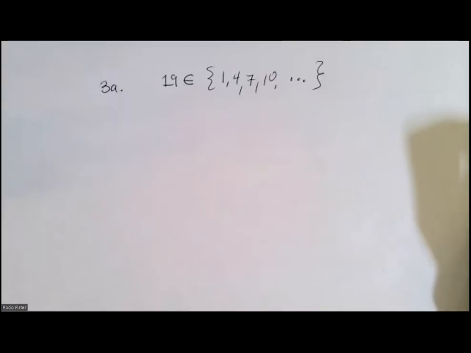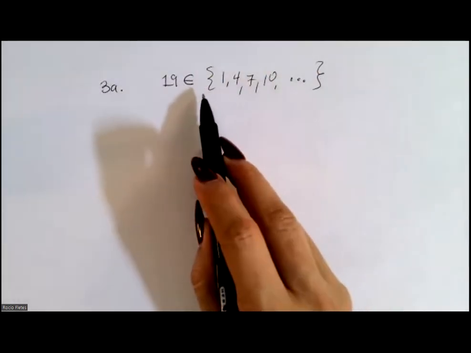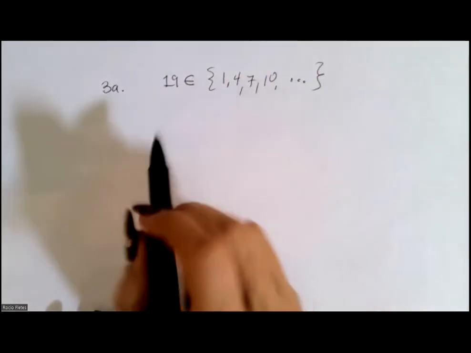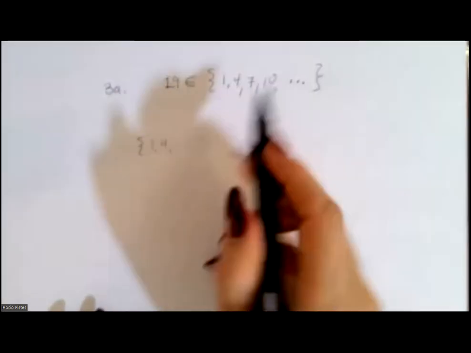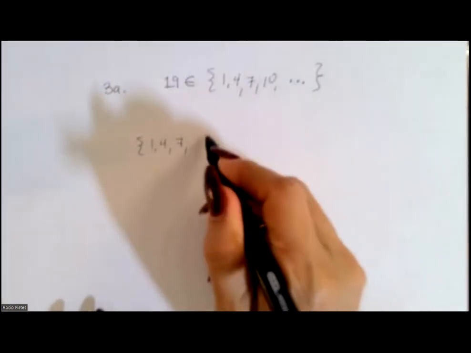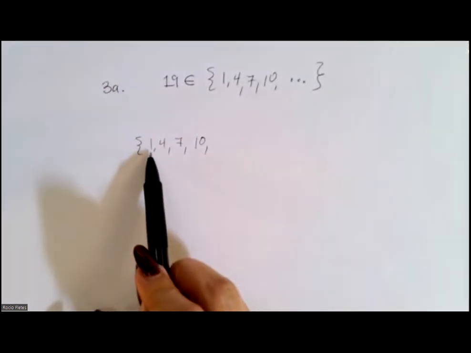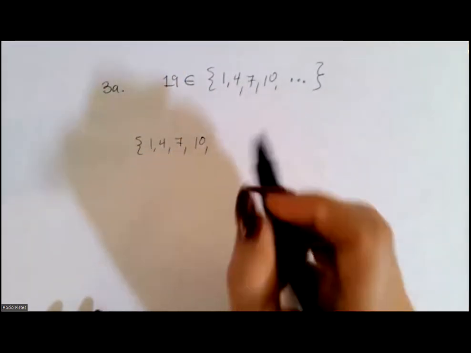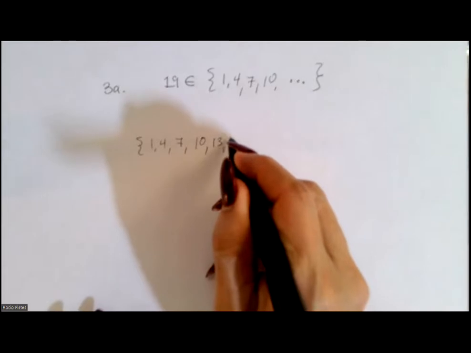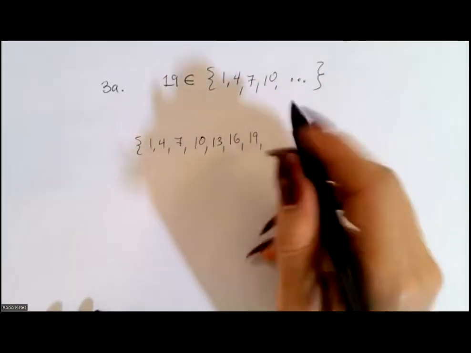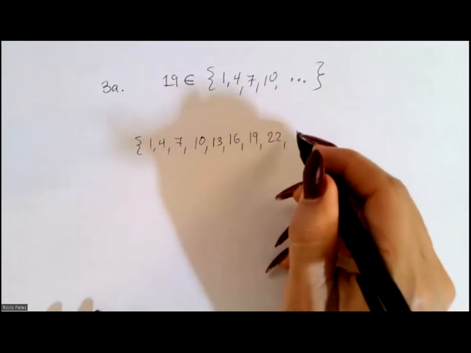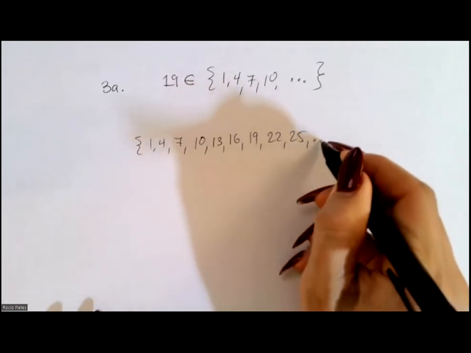Okay, so we have to see, what are the elements here? So 1, 4, 7, 10, and notice that we are adding 3 every time, right? So the next number would be 13, then 16, then 19, then 22, then 25, and it keeps going.